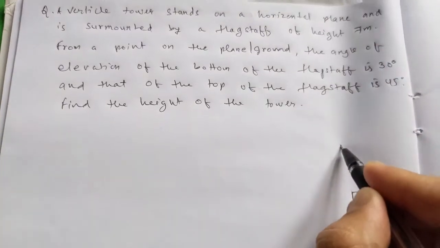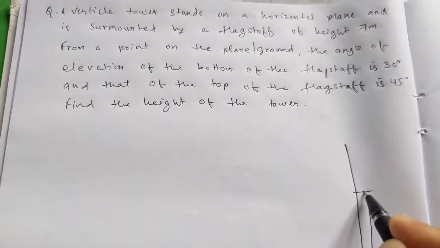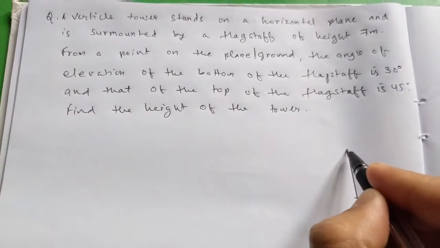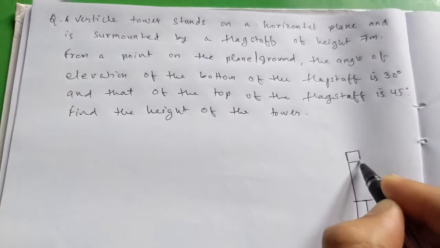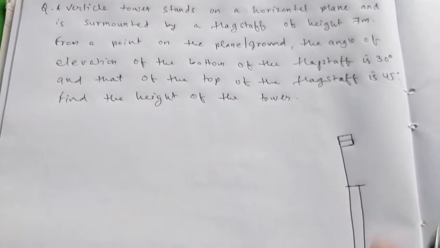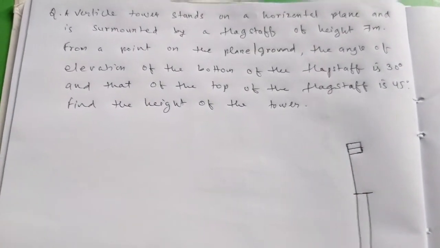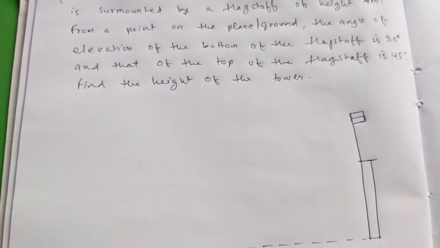So above this vertical tower there is a flagstaff. Say this is a flag, and the flag-holding rod. So this total is called a flagstaff. So this is the figure.